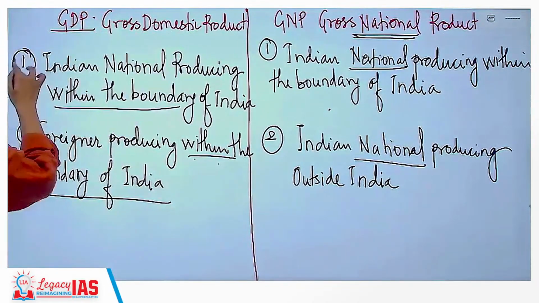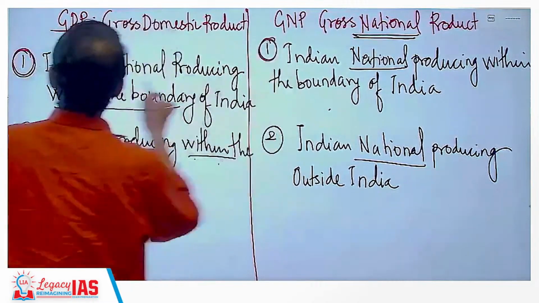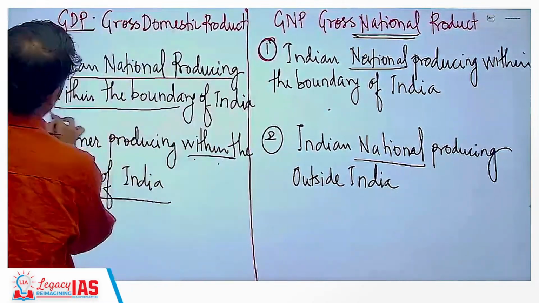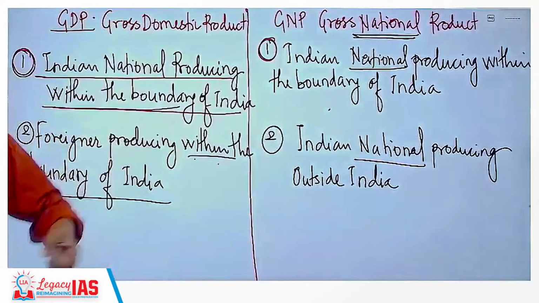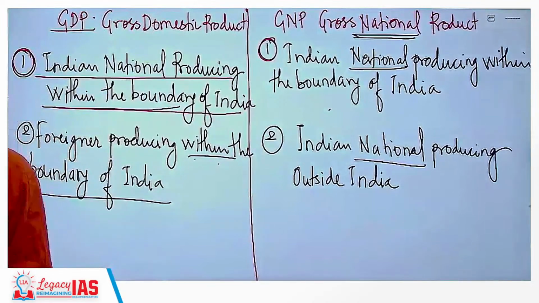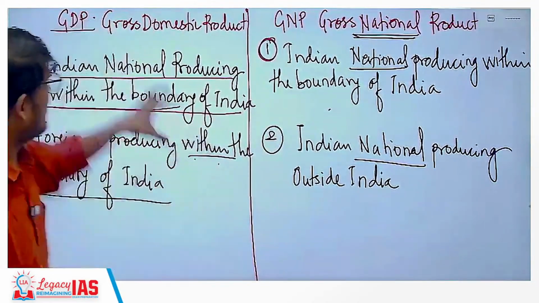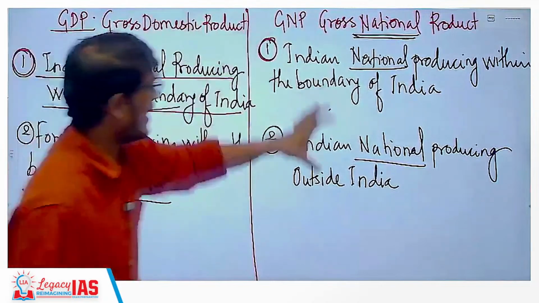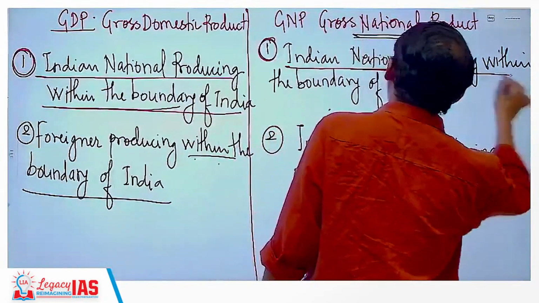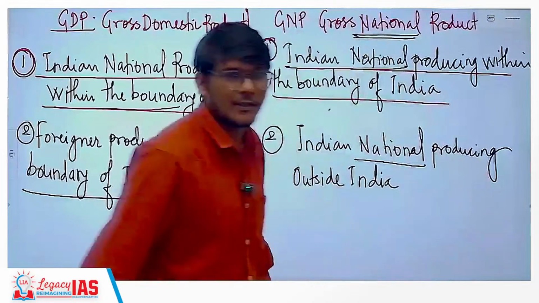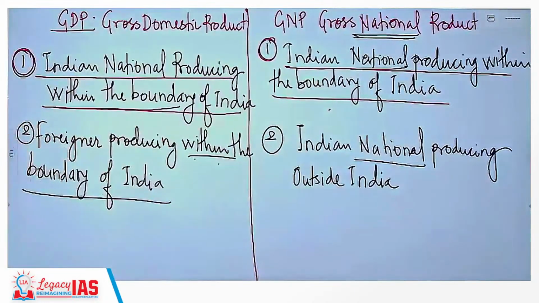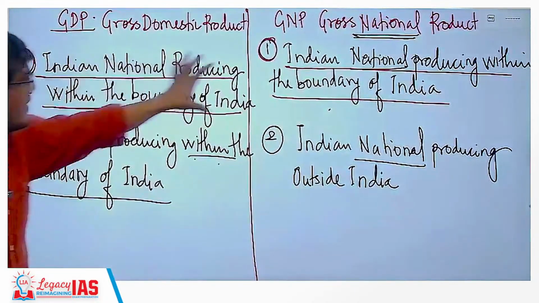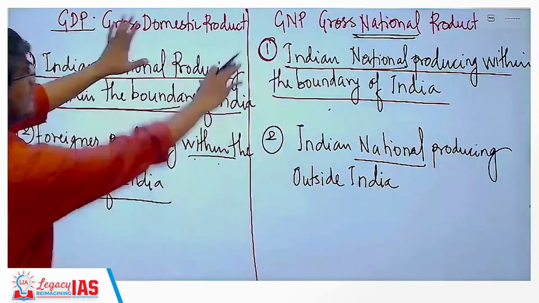This first is common: Indian national producing within the boundary of India, because here there is Indian national and also producing within India. So it will be part of GDP as well as part of GNP. Clear? To this extent both are the same.